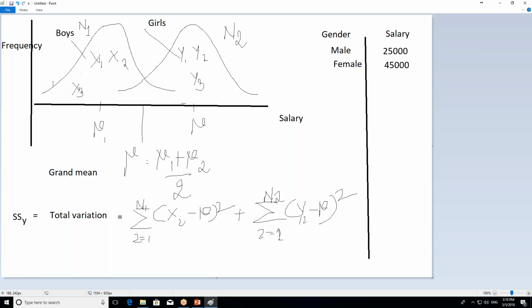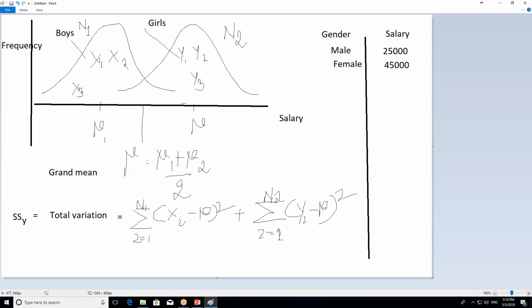When I say each group, I mean within the boys distribution, plus the total variation within the girls distribution, plus the difference of the boys' mean to my grand mean, and the difference of the girls' mean to the grand mean.